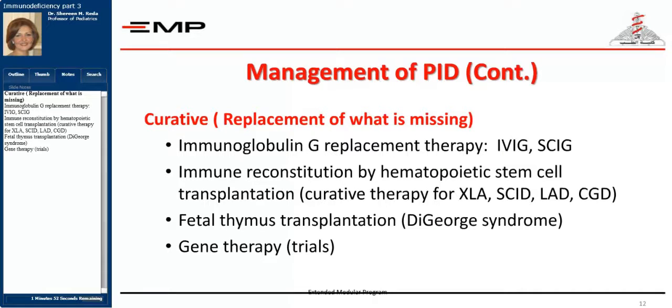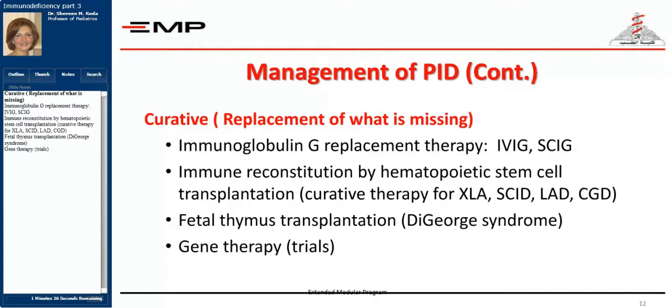The curative therapy, which usually takes a few months to be done, is the replacement of what is missing. The immunoglobulin G replacement therapy, whether by intravenous immunoglobulin or sometimes subcutaneous. If the cells like the T cells are deficient or abnormal, then we do the immune reconstitution by hematopoietic stem cell transplantation.